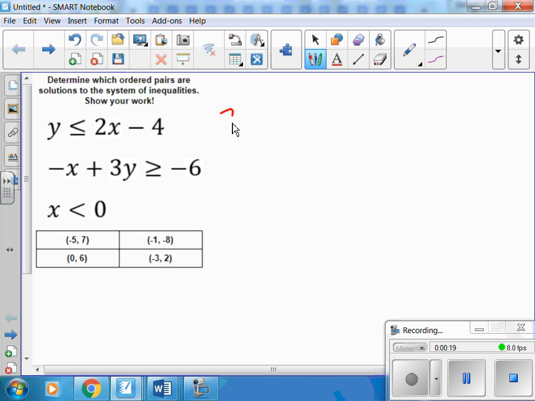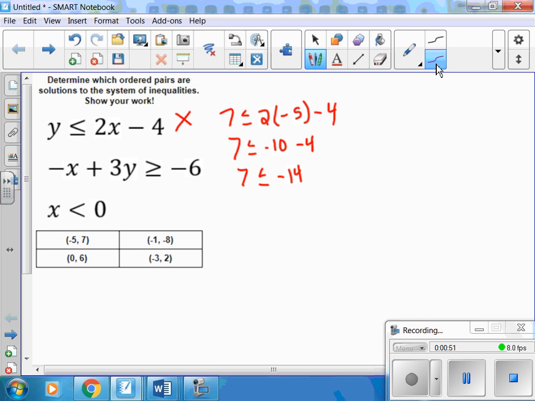So we're going to have 7 less than or equal to 2 times -5 minus 4. 7 is less than or equal to -10 minus 4, which is -14. 7 is not less than -14. So -5, 7 does not work for this.